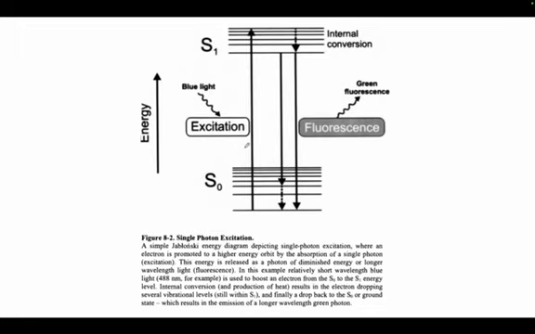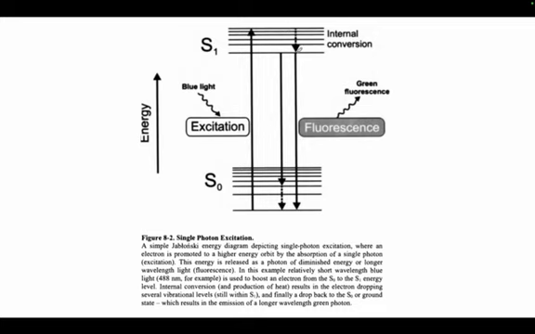Now as you can see, here we have absorbed this much light, so it's gone from this ground vibrational level in S0 to this higher vibrational state in S1. But within the S1 state, the electron has now dropped several energy levels.